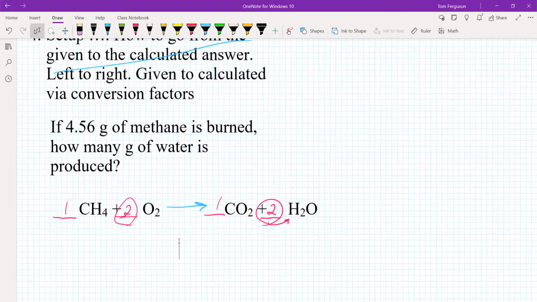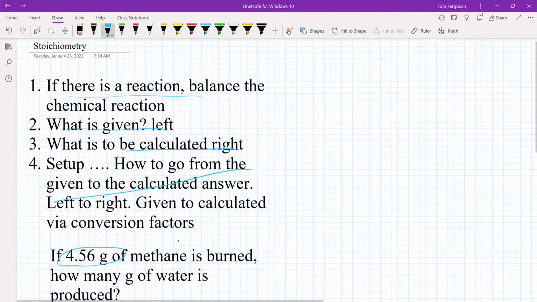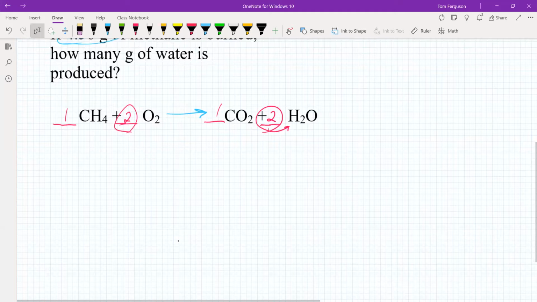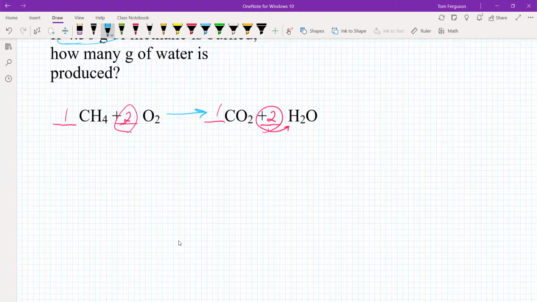Okay. So step number 1, what's given? Well, that's what's given. But what's the first step? Chemical reaction. Balance it. Okay. So here's the chemical reaction, and we balanced it using our inventory method. That's step number 1.